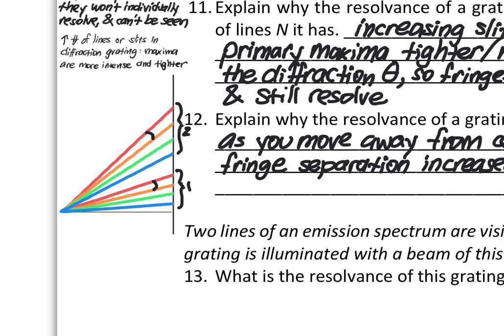I'm measuring with my ruler here, on my iPad screen, and for the first order I can see that the colored lines are about 5 millimeters apart, for instance between the red and orange lines. But if I put down a ruler between the red and the orange lines for the second order, that's about 8 millimeters. And so as I increase the orders, they're going to spread out even more.